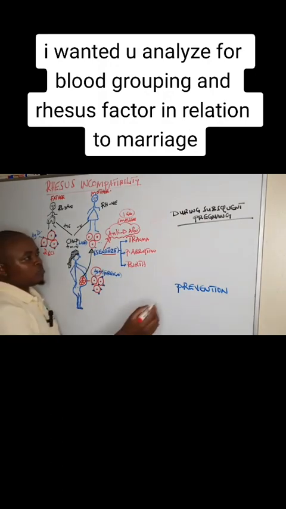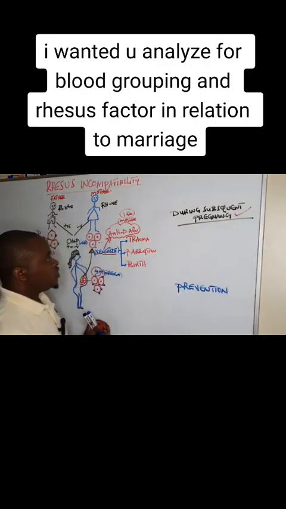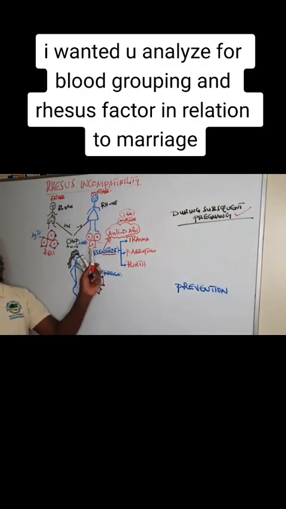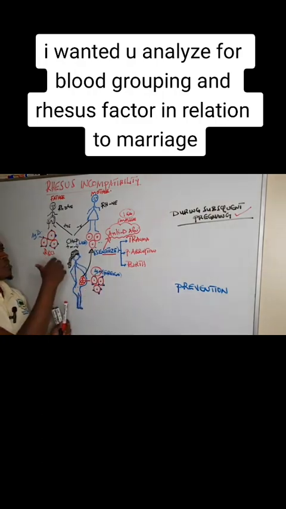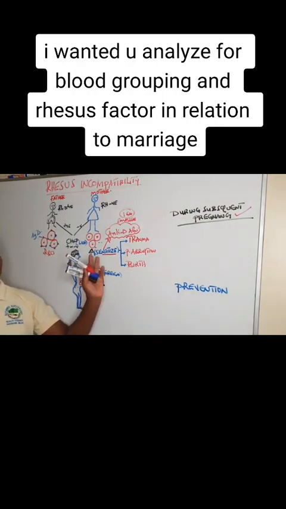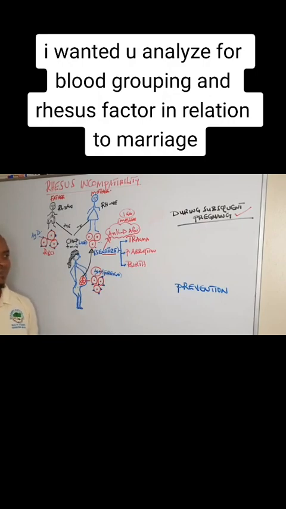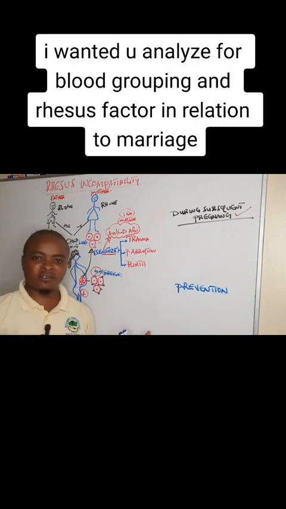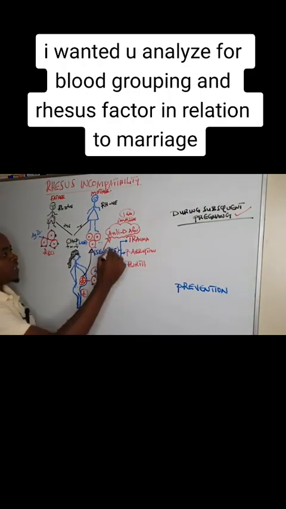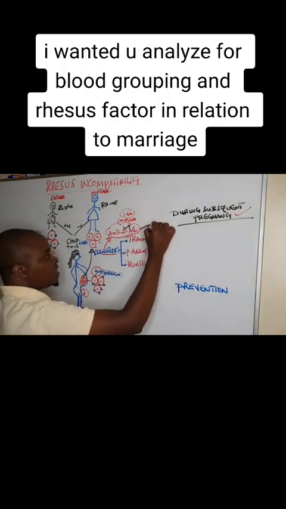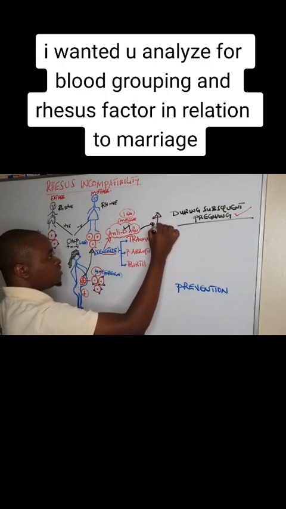But in subsequent pregnancies, due to the sensitization of the Rhesus negative mother with the blood of the Rhesus positive fetus, on the second pregnancy with a Rhesus positive fetus, the antibodies manufactured in the first pregnancy are going to be released in high concentration.